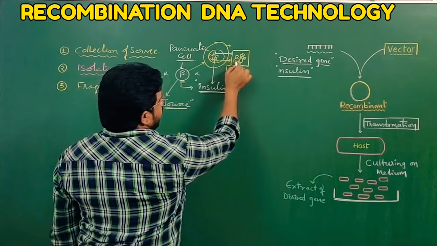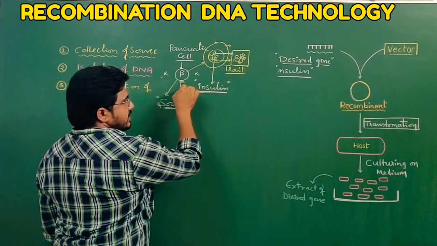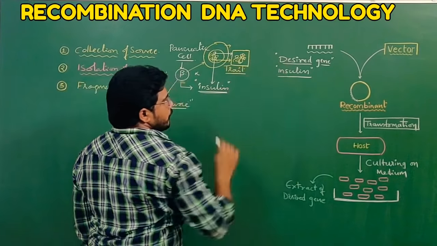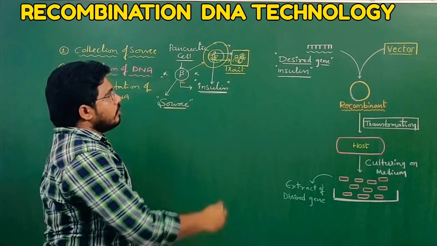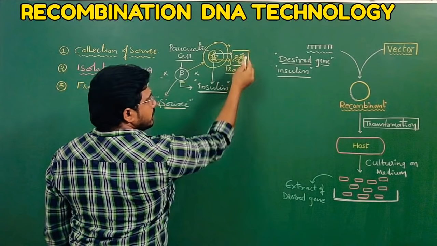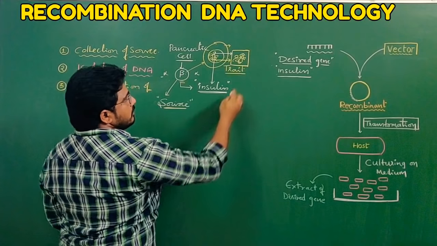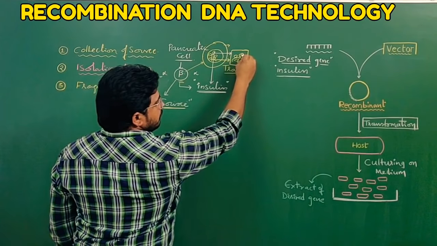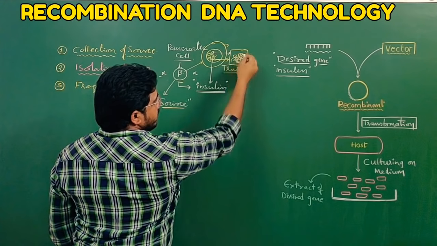I already told you, the entire genome of the beta cell is not responsible for producing the desired gene. Only some part is. To collect that part, you have to break it.